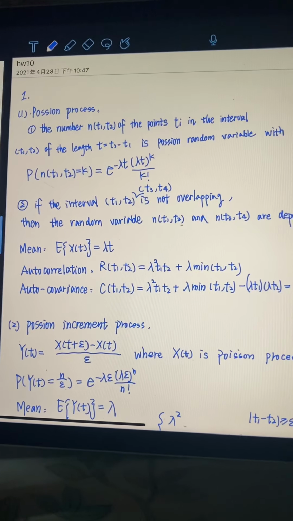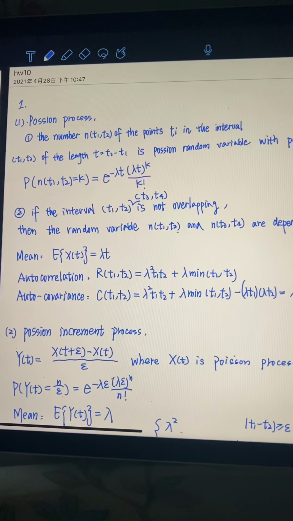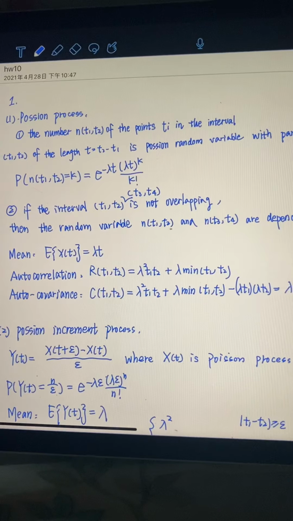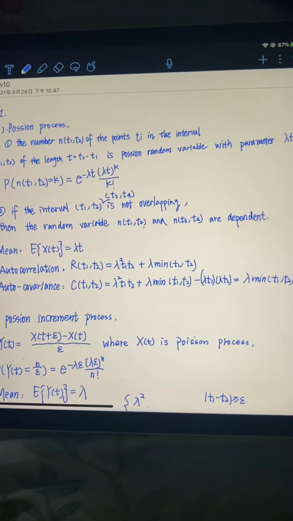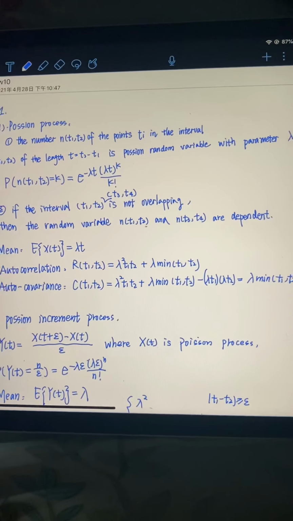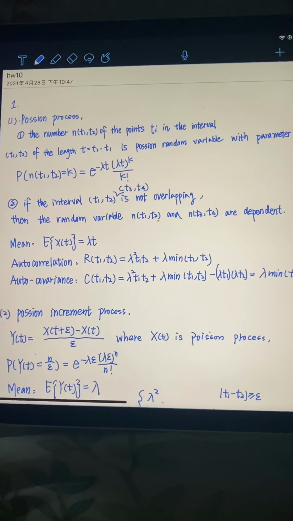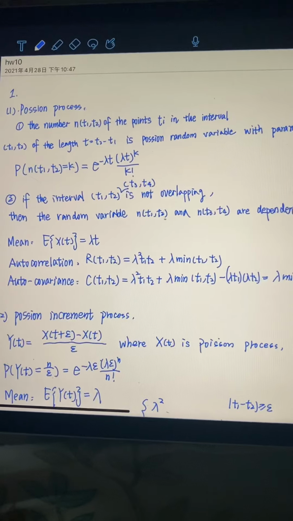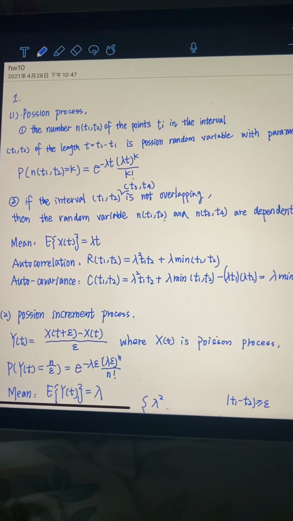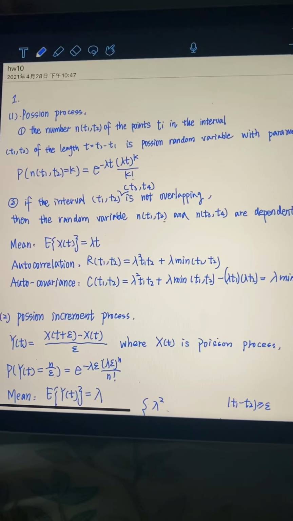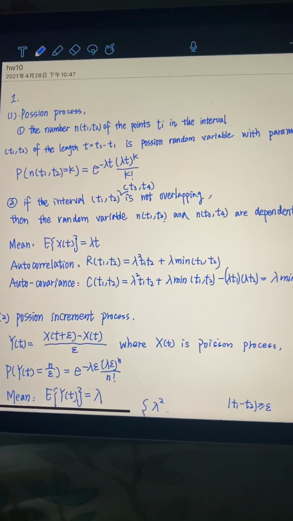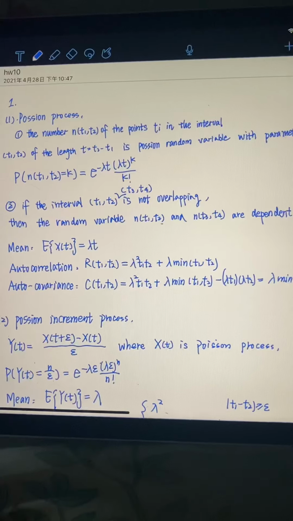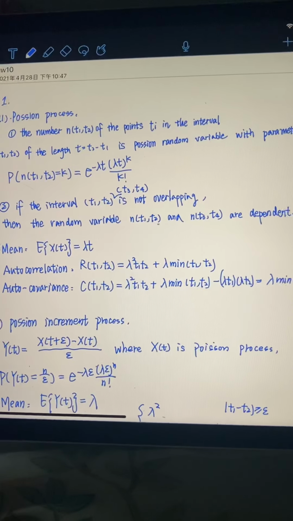And if the intervals (t1, t2) and (t3, t4) are not overlapping, then the random variables n(t1, t2) and n(t3, t4) are independent. And the mean E[X(t)] is equal to lambda t. As for the autocorrelation, R(t1, t2) is equal to lambda squared t1 t2 plus lambda min(t1, t2).